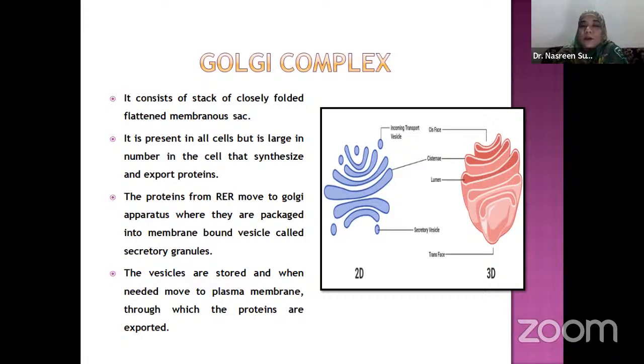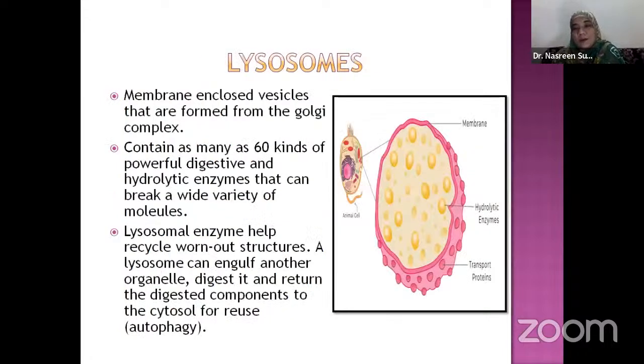The proteins from the rough endoplasmic reticulum move into the Golgi complex, where the proteins are packaged into membrane-bound vesicles called secretory granules. Now, these vesicles are stored in the cytoplasm, and whenever they are needed, they move to the plasma membrane, and from there the proteins are exported.